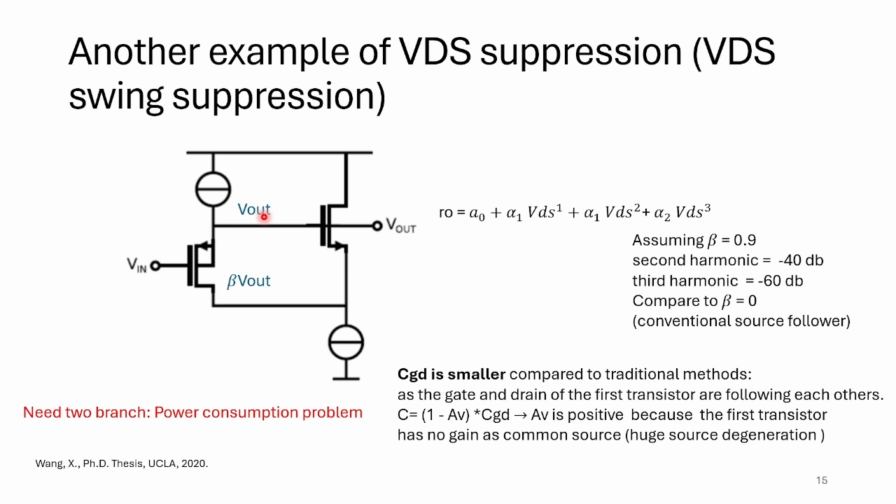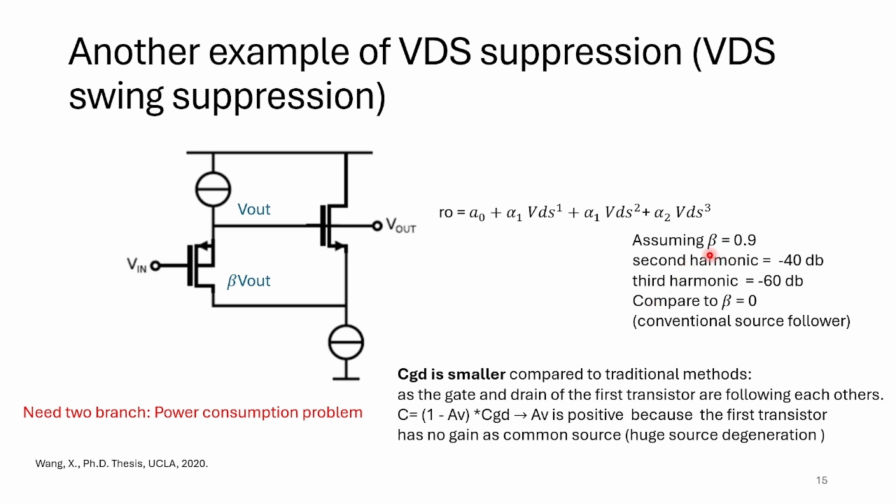Here you can see V in and V out, and V out through this path comes back here by, for example, a gain less than 1, because it's a source follower. Here the gain is, for example, 0.9, and this is a portion of V out, and as you can see, the drain source swing is limited, so channel length modulation is hugely suppressed.